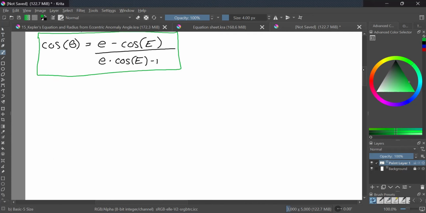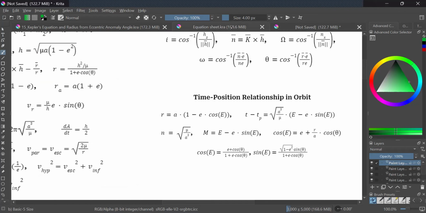It's very nice. And so one can reasonably assume that if we did that with cosine, we can do that with sine. So let's go ahead and copy that over.